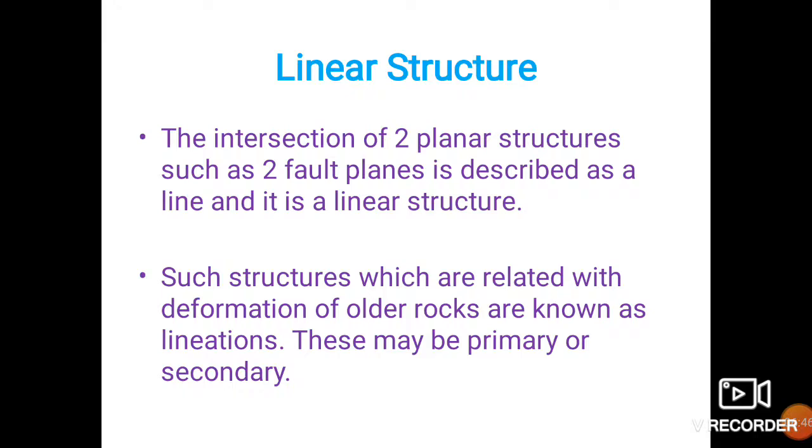It means that primary means they may form at the time of the formation of the rock itself, or secondary means they may form after the formation of the original rock. If they are formed after the rock formation, they are called as secondary, and if they are formed at the time of the formation of the rock, they are called as primary. Hence, lineations may be primary or secondary.